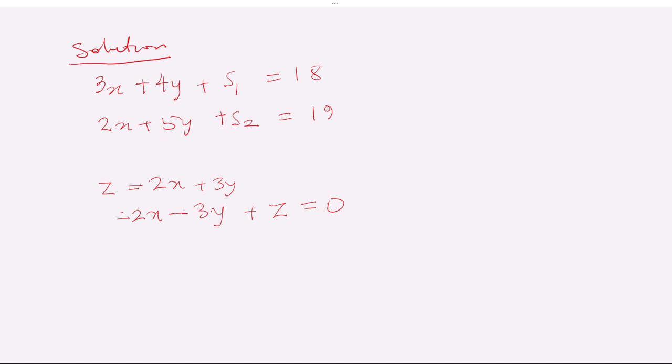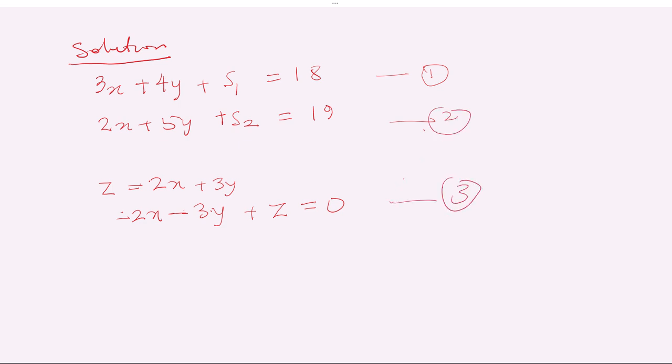I want it to be in the same format as the others. So this becomes my three equations: this is 1, this is 2, and this is 3, right?